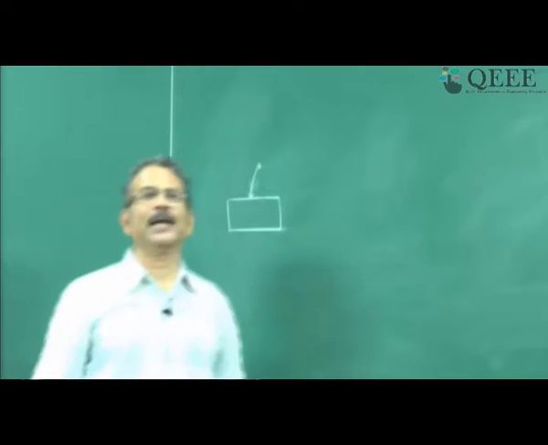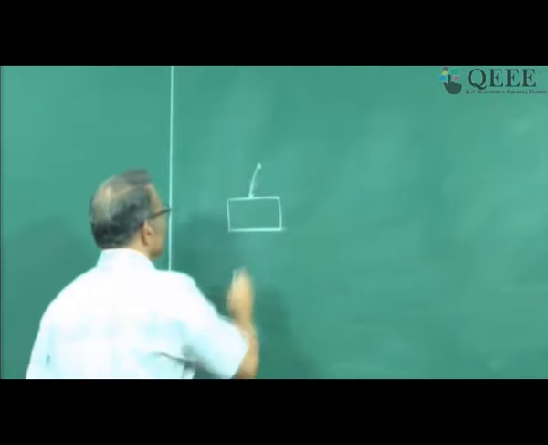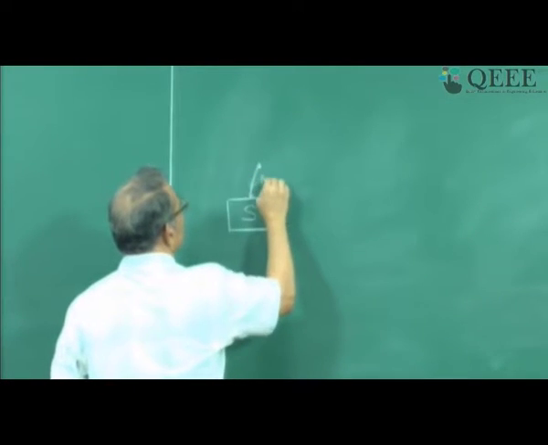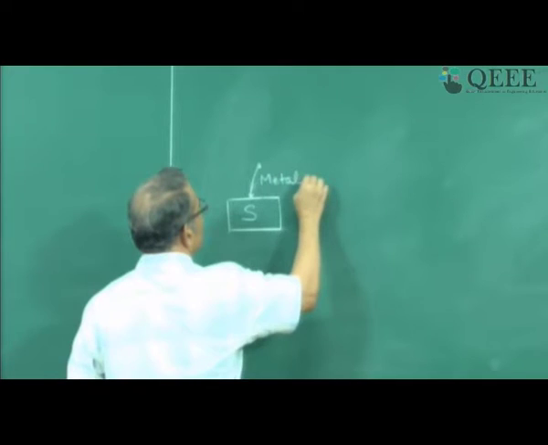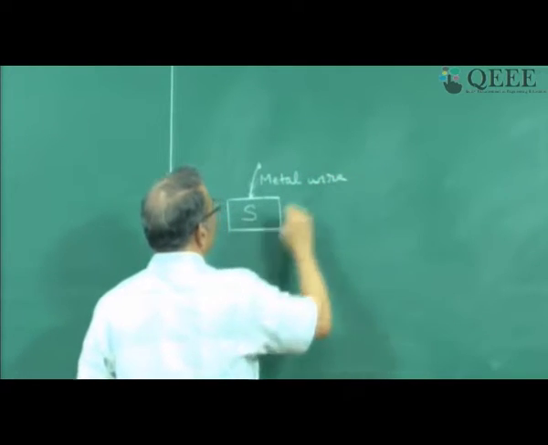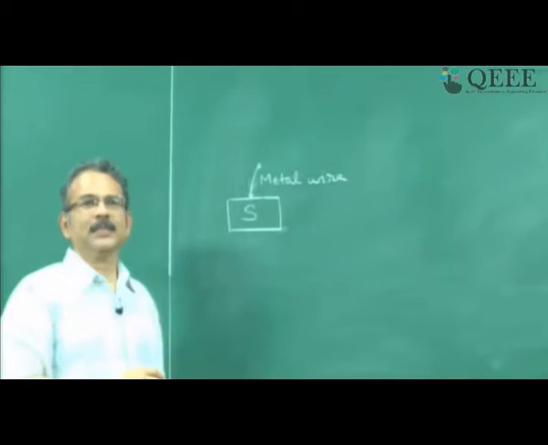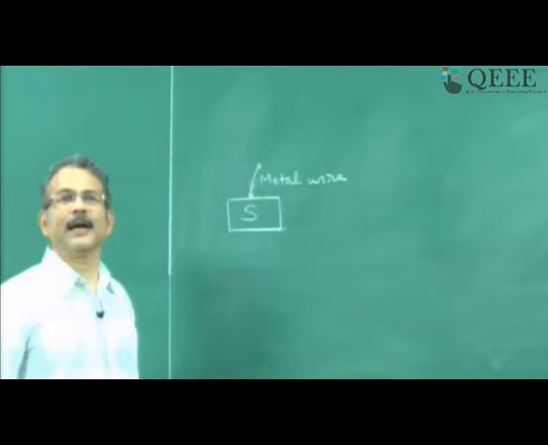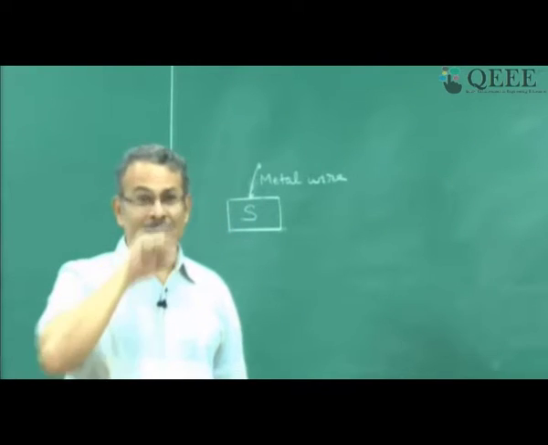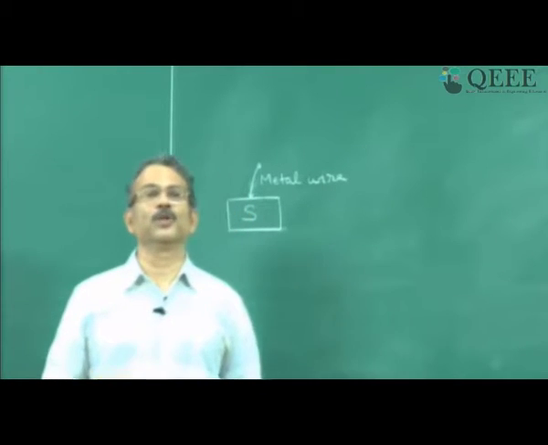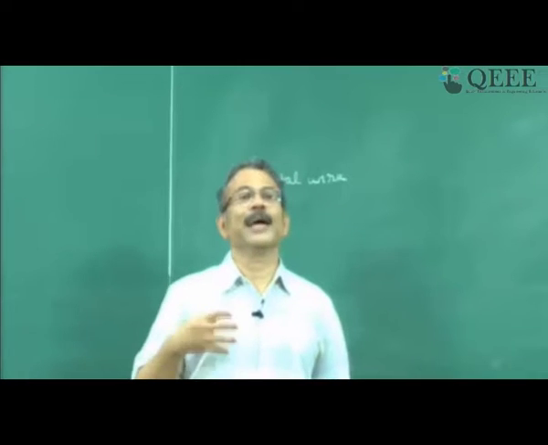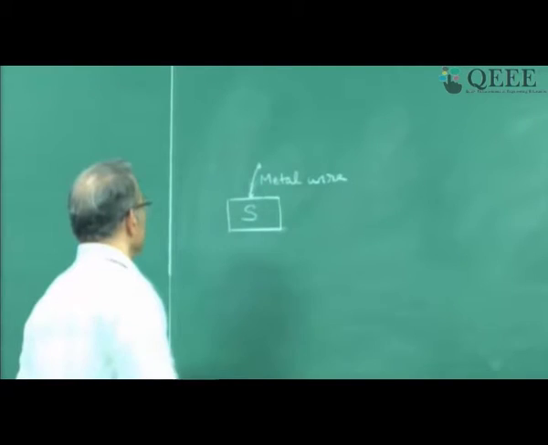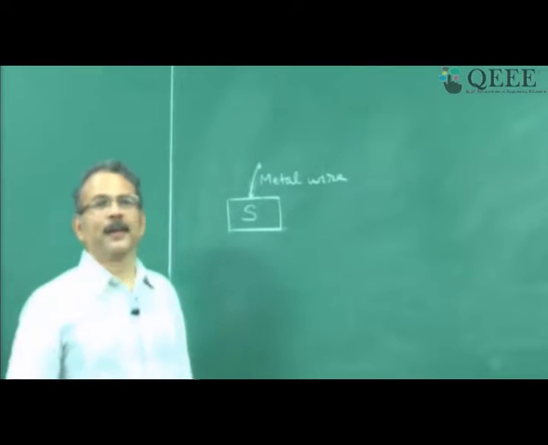That is why it is called a point contact diode. So this is a semiconductor S and this is a metal wire. And to his surprise, he found that this was showing rectifying characteristics, right? Diode like characteristics. In 1874, which was the device that was used for rectification? It was vacuum tube. That was commonly used, right? And this was a great discovery.